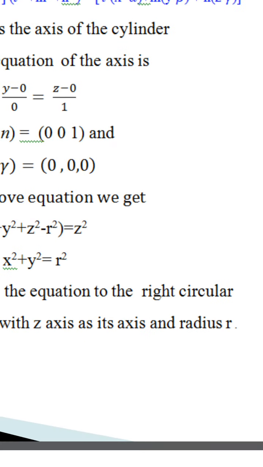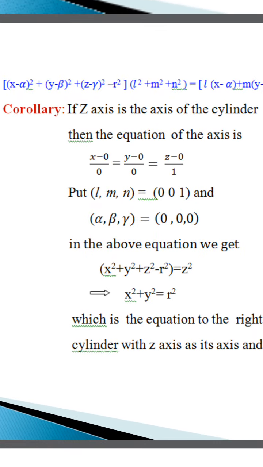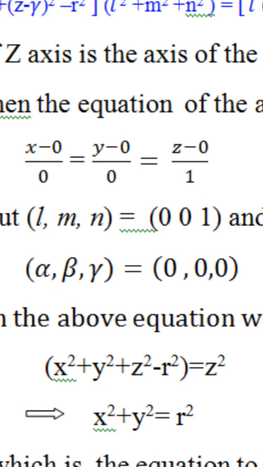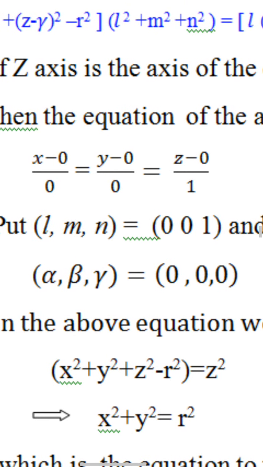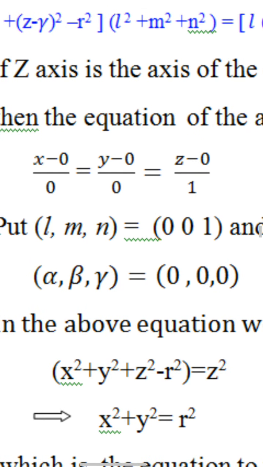So to prove the corollary, it is very easy. You just need to remember the equation of the right circular cylinder without getting confused, and after that you have to write the equation of the z-axis. For any line in symmetric form you need a point and DRs. So for the z-axis we are taking the point as 0, 0, 0 and the DRs as 0, 0, 1.